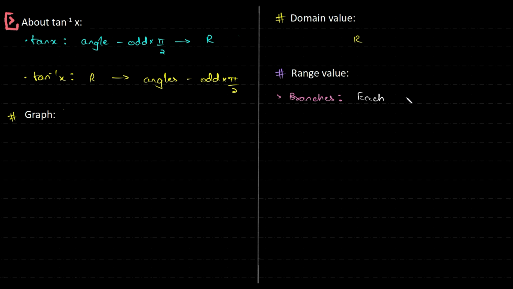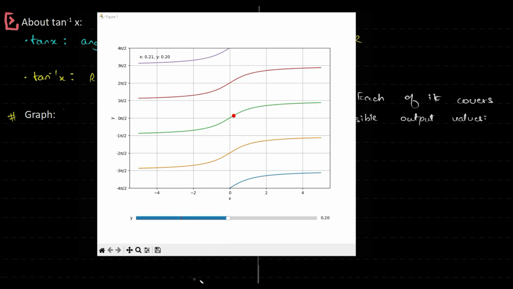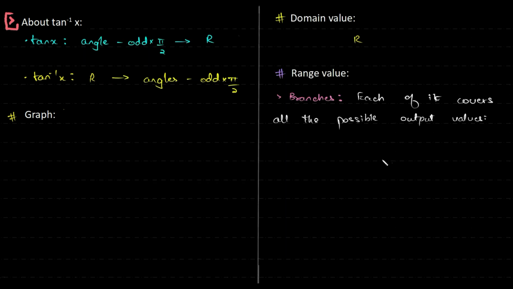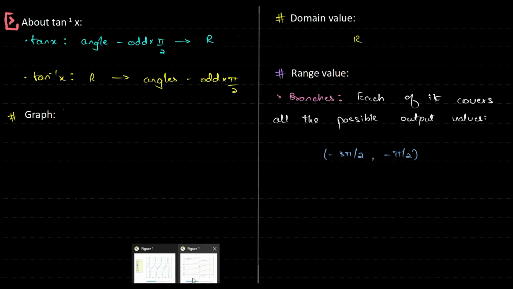Each branch covers all the possible output values. So basically we are looking at minus 3 pi by 2 to minus pi by 2, such values. Then what else do we have?